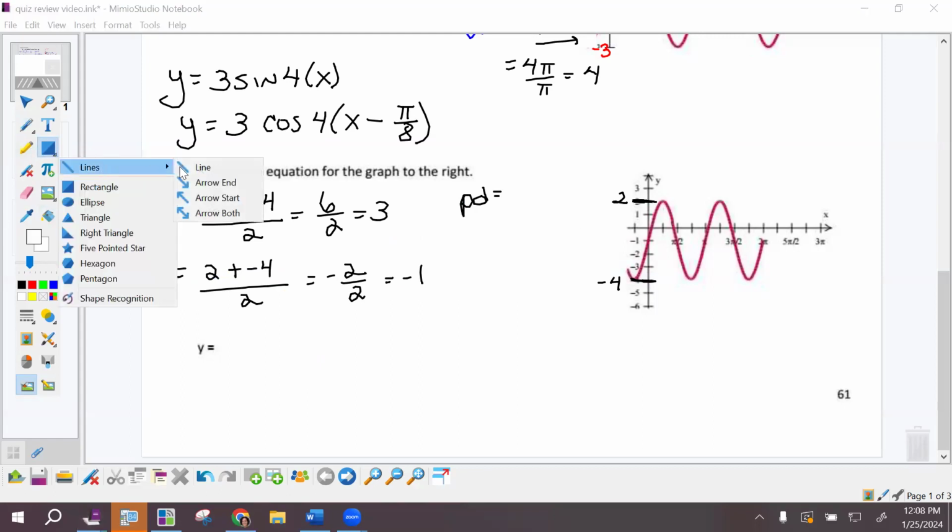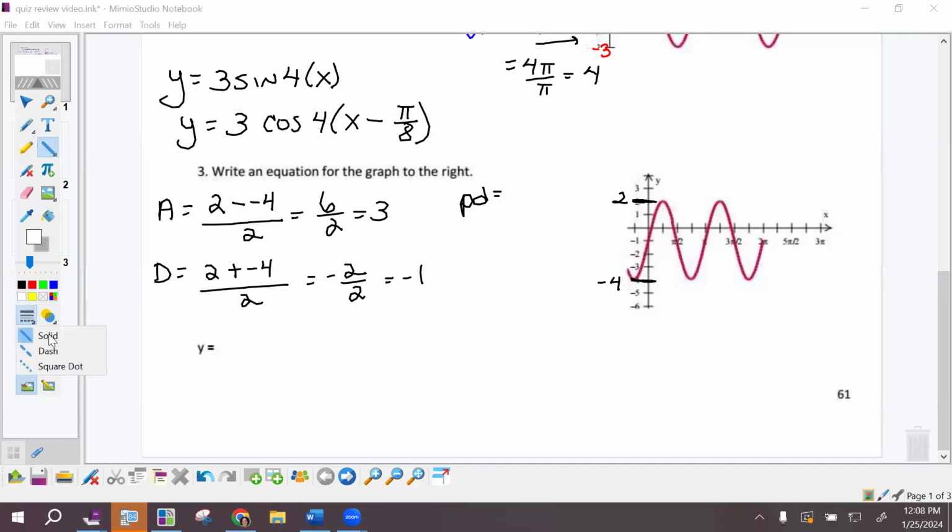I'm going to sketch my midline real quick. And we'll make it easier to visualize. All right. Oh, except that's all over my X scale. Hang on. All right, so there's the midline.